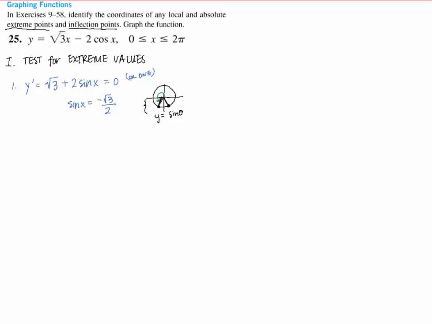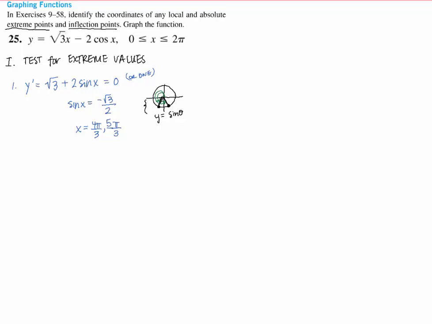If you remember that the ugly values of the sine happen at pi over 3. That's just what I remember. So that means that x is pi over 3 past pi, which would be 4 pi over 3, and then one more pi over 3 around this way, almost to 2 pi. 2 pi would be 6 pi over 3, but we don't quite have that many, so we have 5.